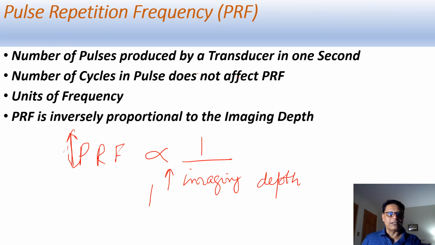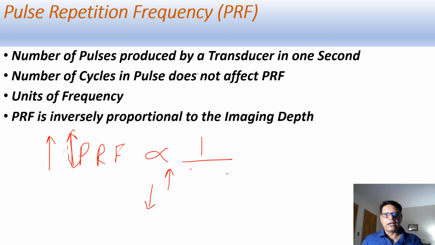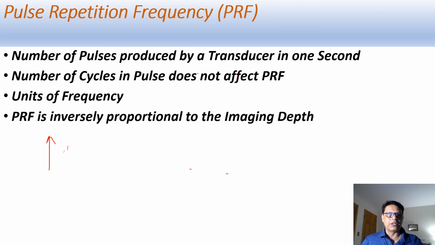And if you decrease the imaging depth, the pulse repetition frequency will be high. So this imaging depth means at what distance or at what depth you are scanning.